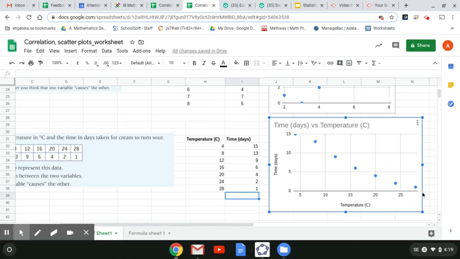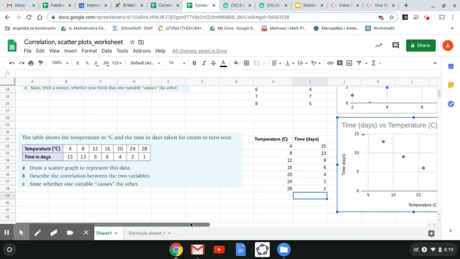As one variable increases, the other decreases, so that's negative correlation. And it looks like it's quite strong because the points plotted here are almost in a perfect line. So we would say the higher the temperature, the lower the number of days for the cream to sour.